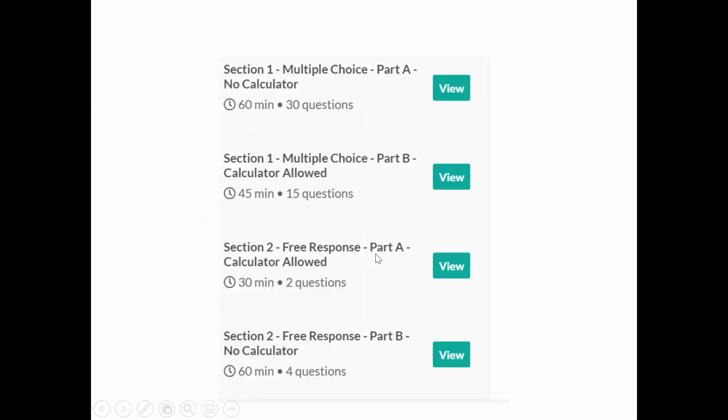The breakdown of your AP exam is as follows. It's going to be 4 different sections. As you guys are probably aware, multiple choice with calculator, no calculator, then free response with calculator, no calculator. Now the time frame is a little bit different, so you get a little bit more time with a calculator for the multiple choice, but you get the same amount of time, 15 minutes a question, with the free response, with or without a calculator.